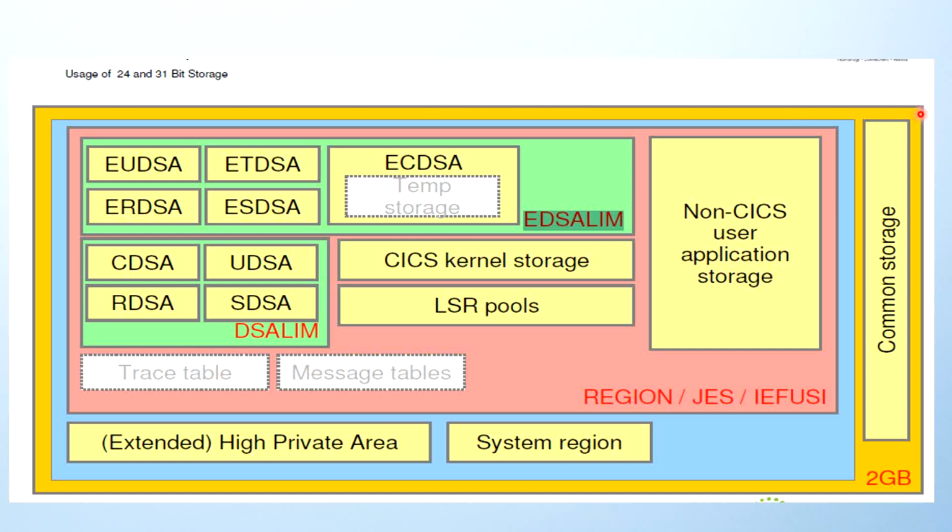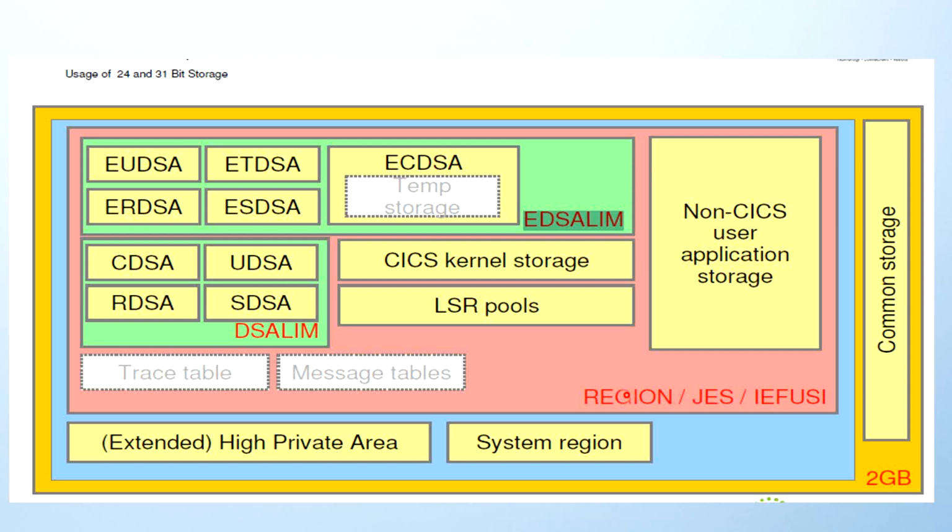Okay, if you see the outer box which is in yellowish color, this is your 2 gig address space, and out of that you need to ignore the common storage because it's already reserved, and the leftover space is the blue rectangle, and in that again you need to give up the system region, that is 16K, and the high private area which is below the line and above the line, and whatever remaining area you have, that you can code as your region parm, right?